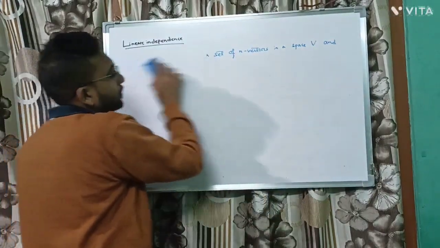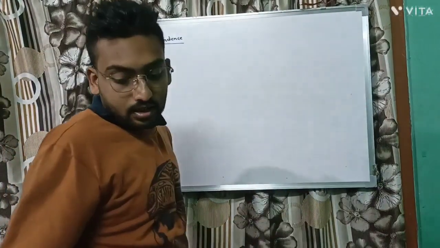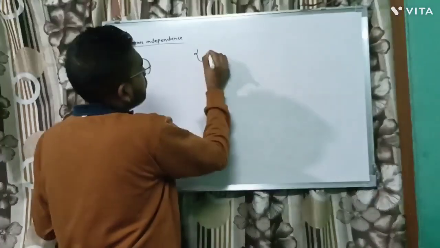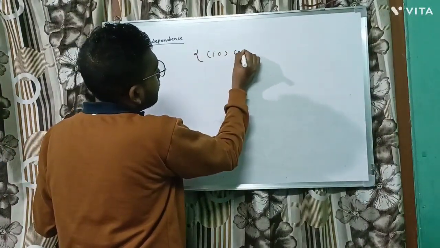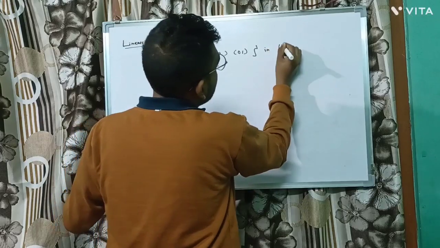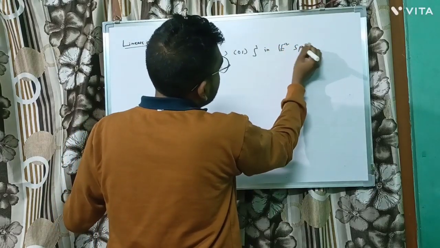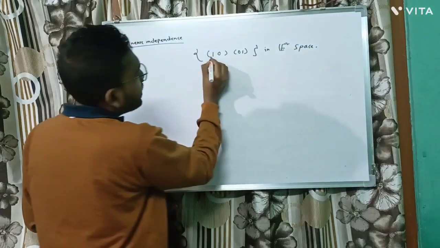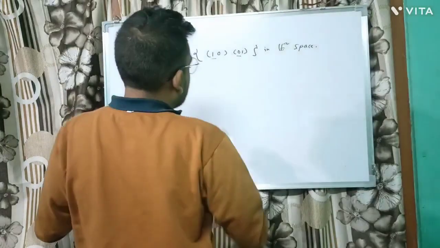So let us take an example. If I take two vectors 1, 0 and 0, 1 in E2 space, let me check if the vectors are linearly independent or not.